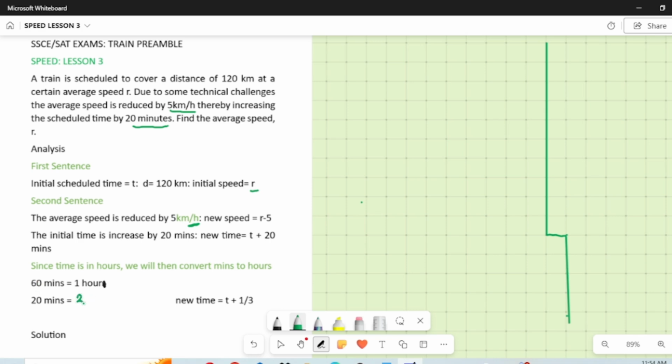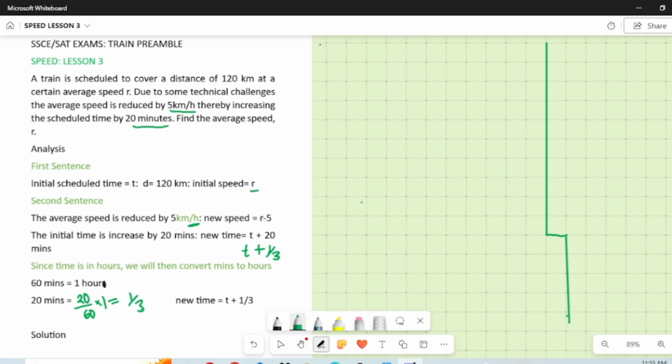So that will give us 20 divided by 60 multiplied by 1, and it is the same as 1/3. So our new time will be t plus 1/3.